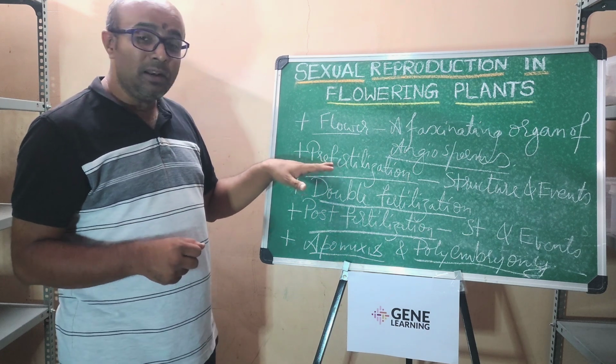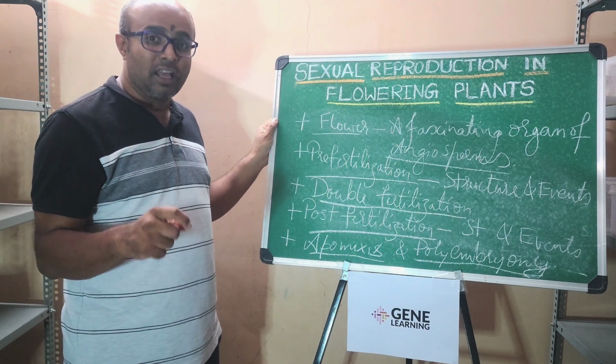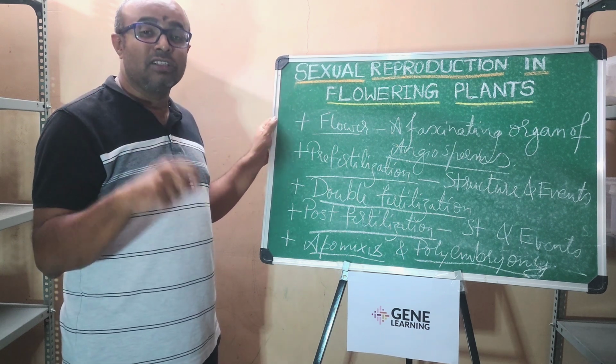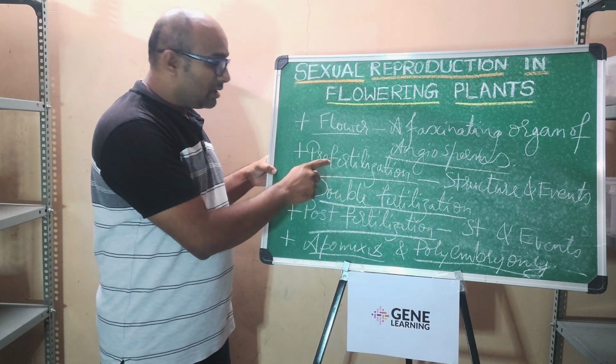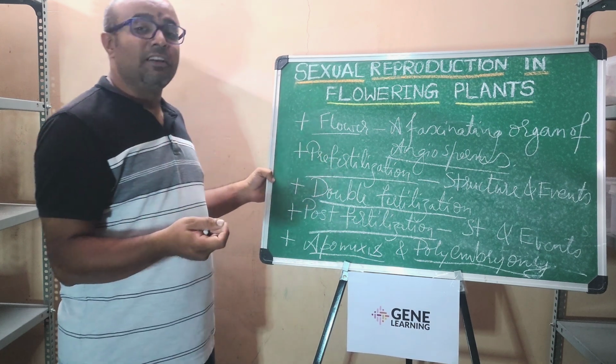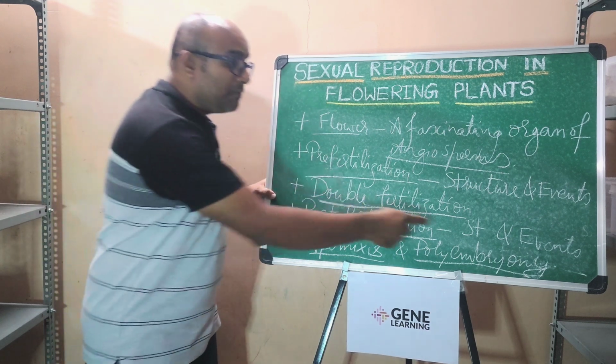I'll repeat again. For the formation of gametes, you need specialized structures, and those structures are formed in this pre-fertilization event so that the gametes are formed successfully. Then double fertilization.